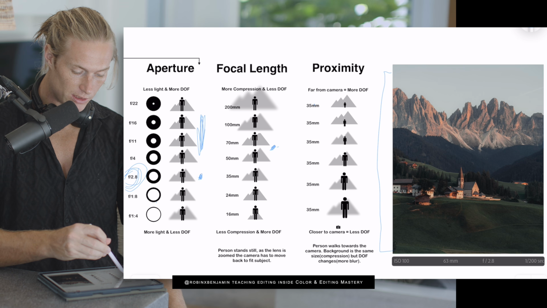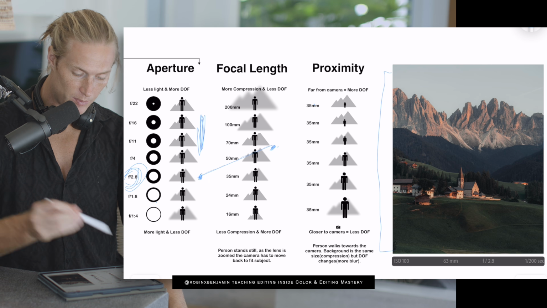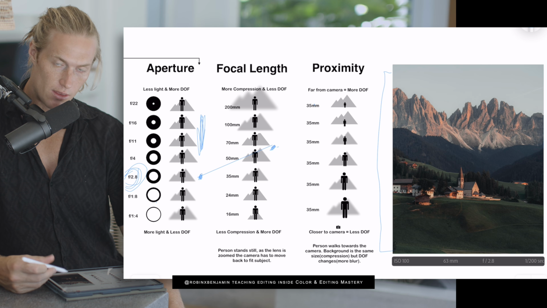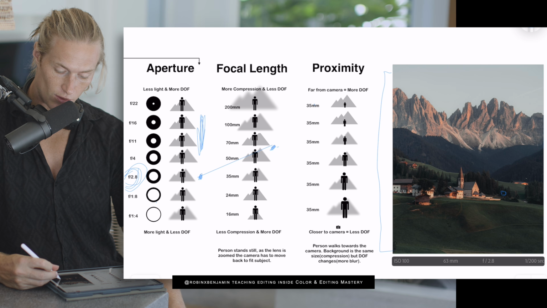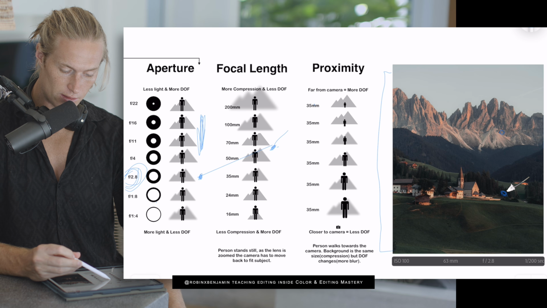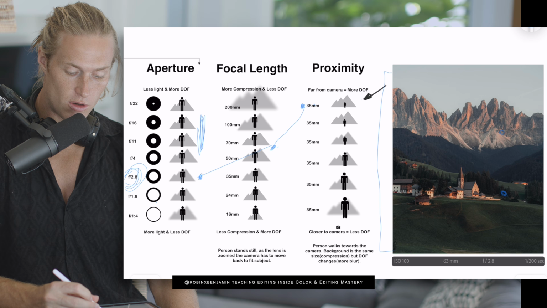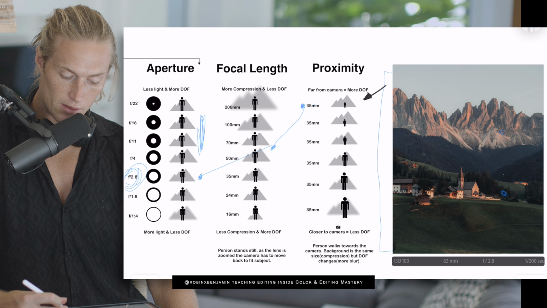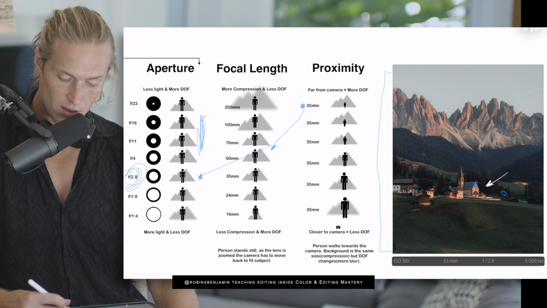So we've got two settings here that will give a blurry background, but then this is so far away from the camera, so we have an effect like this, proximity to the camera, and then we get no blur to the background. This is very in focus, and then also this has a little softness to it.